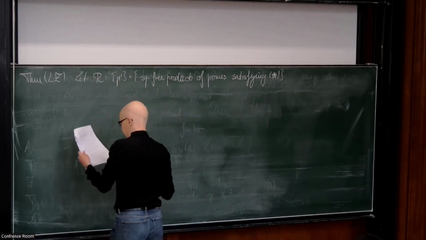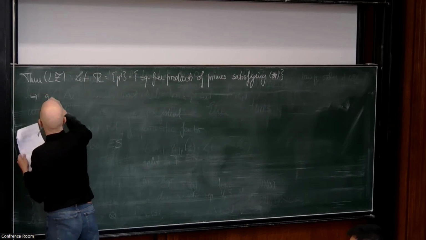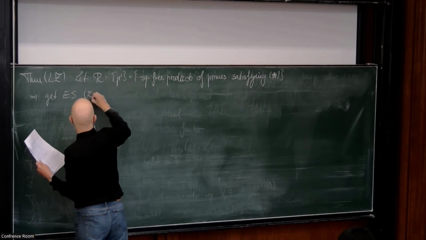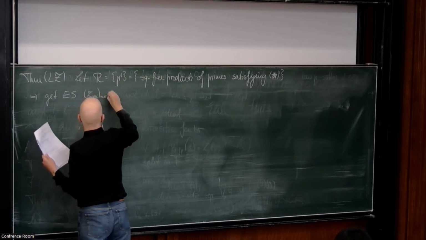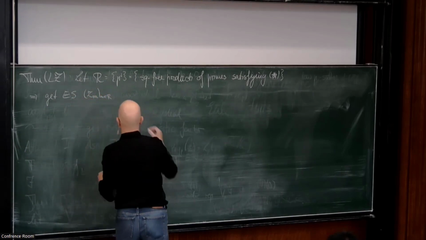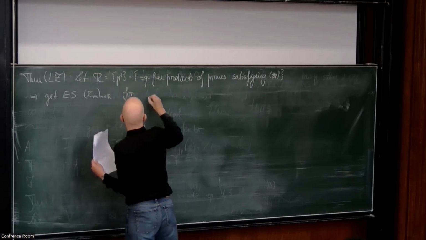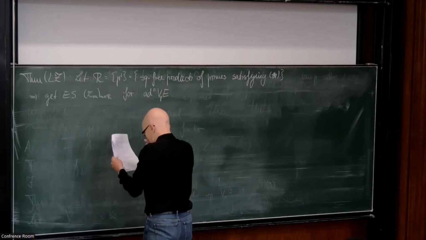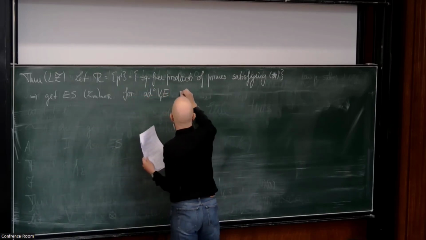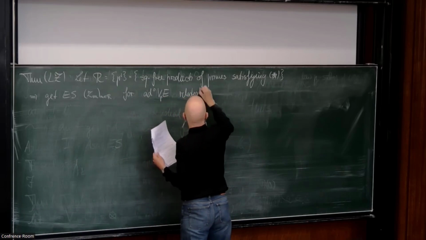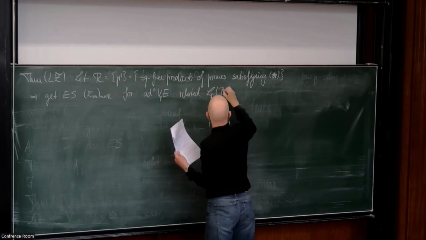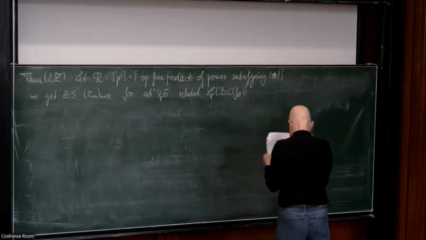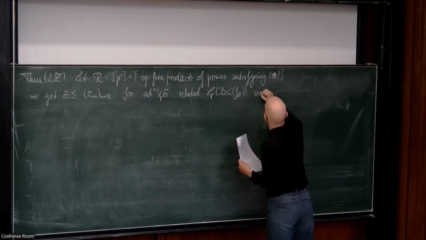Then we get an Euler system z_m for m in R, for the representation V, which is related to the p-adic L-function of the base change of our elliptic modular form F_E via the regulator map.